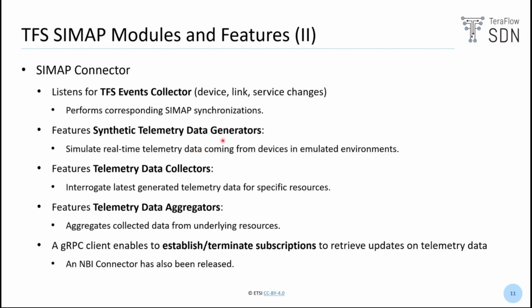Then this information is collected by means of some telemetry data collectors. These collectors interrogate, let's say, the generated data and feed the telemetry data aggregators that take data from different collectors that correspond to different resources in SIMAP and perform an aggregation. I will show a picture later and maybe it will be better understood.